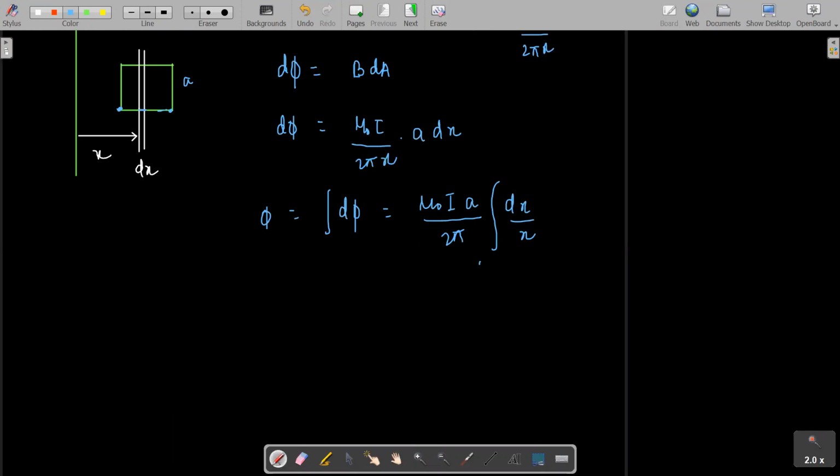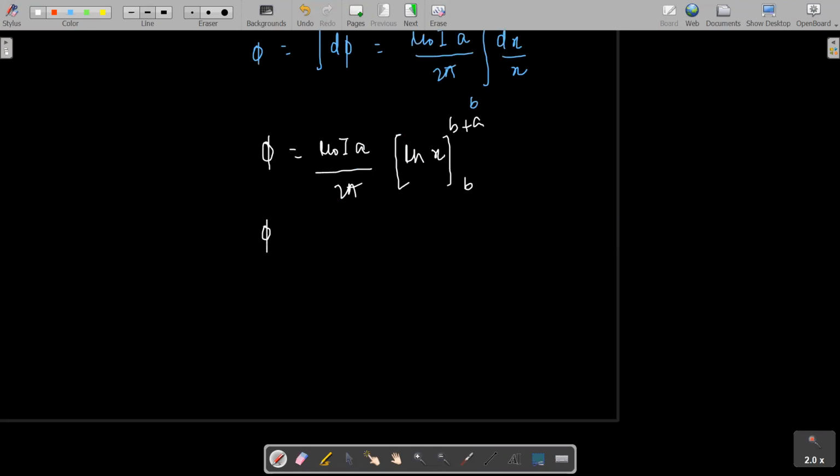So the value of flux phi will be mu naught I A over 2 pi into the integral of dx upon x. Integration of dx upon x, we know, will be ln x, and the limit will be from b to b plus a.